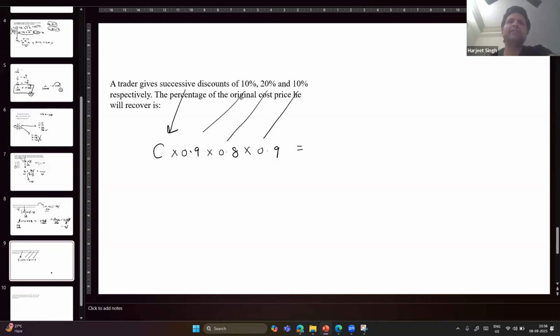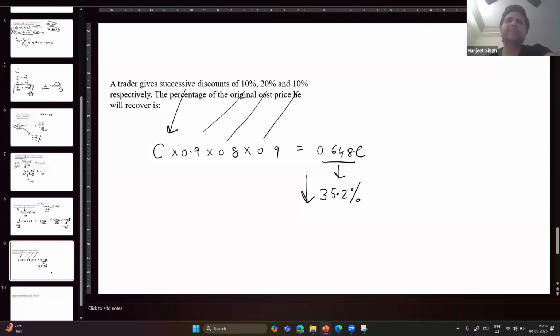So when you multiply all these three, 81 into 8 is 648. Which means the price has dropped by how much from the original? 35.2% drop.